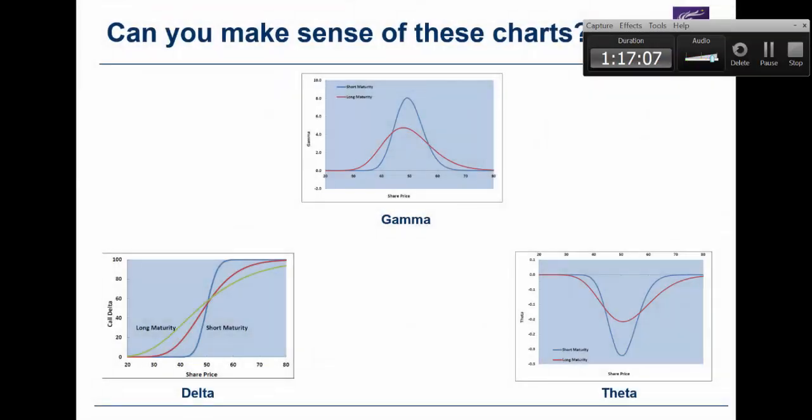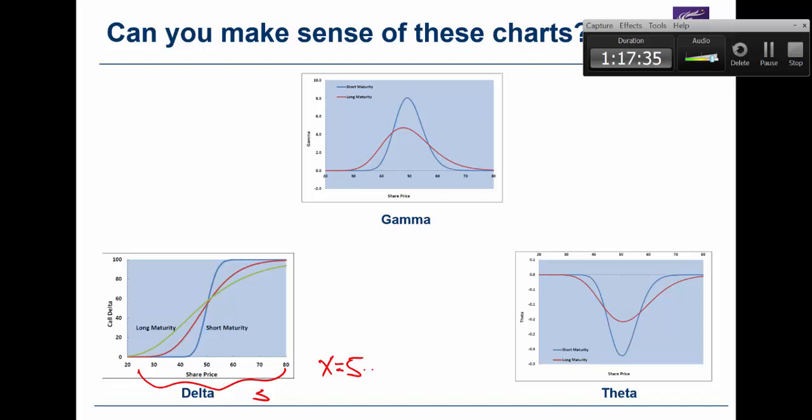Now, these are actually not so different from what I showed you earlier. So you've got gamma and delta and theta, and on the x-axis, these are the spot prices. This is actually with a strike of 50, not 100, okay?